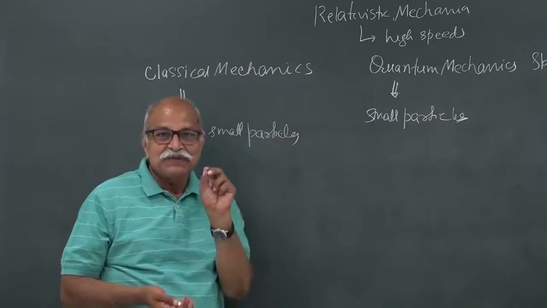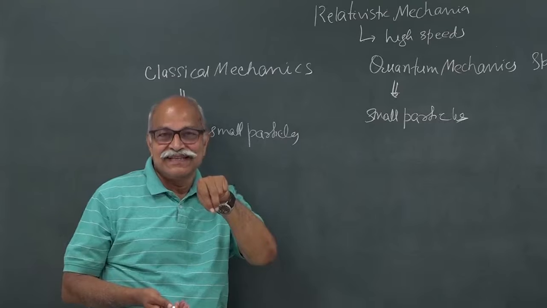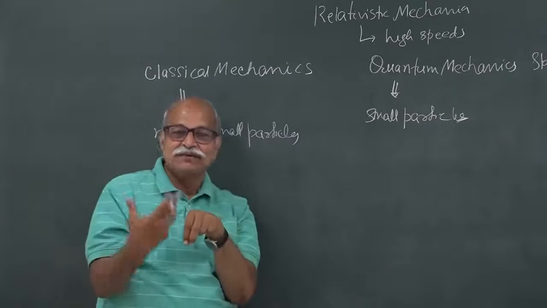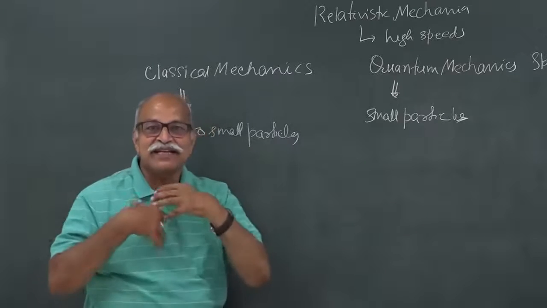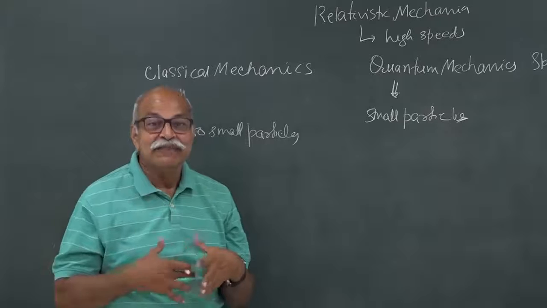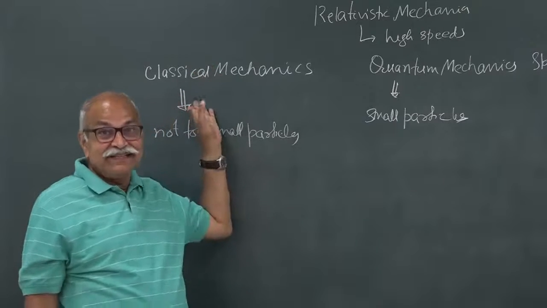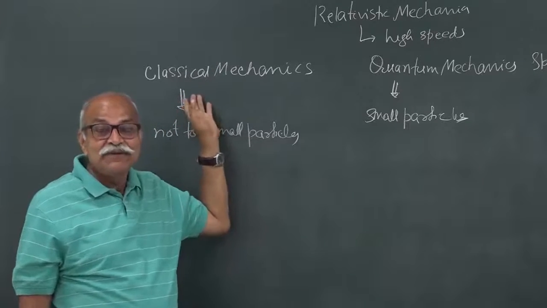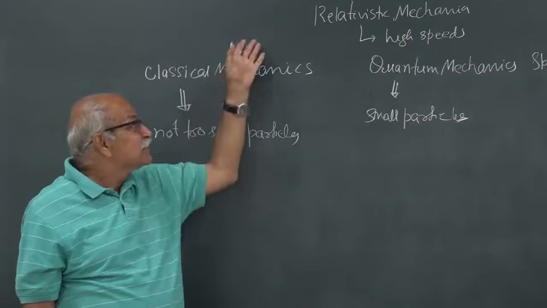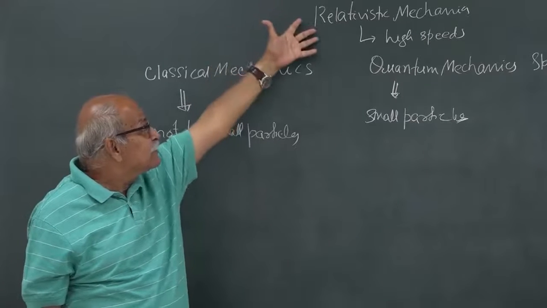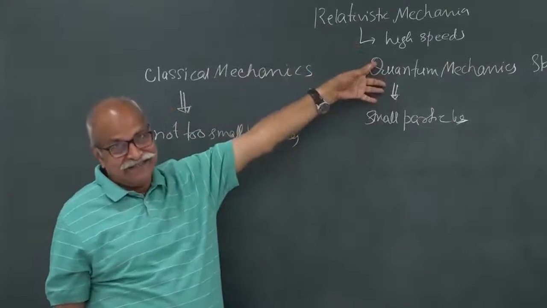A neutron with a very small velocity enters uranium 238, makes it uranium 239, and then it splits. That does not come under classical mechanics. These rules will not be able to explain all that phenomena. So, you do need relativistic mechanics and quantum mechanics.